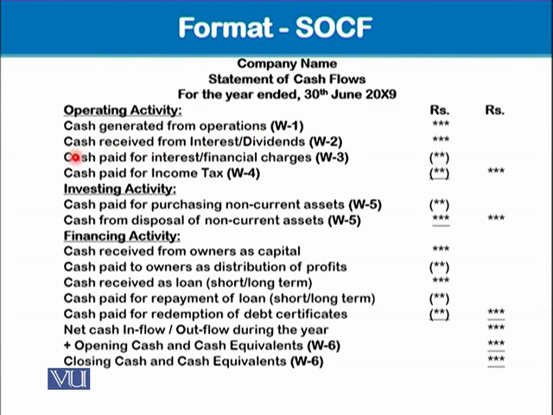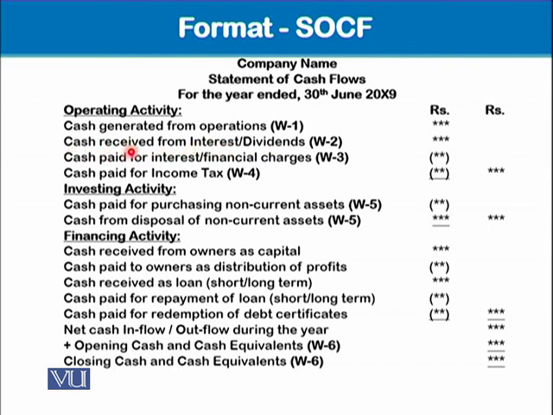Then cash received from interest and dividend. Interest is an income statement item, and dividend income is also an income statement item. We will see how this interest and dividend is calculated in terms of cash received.